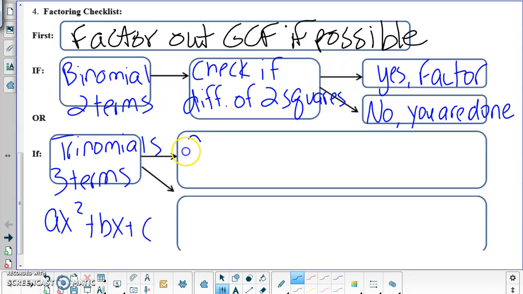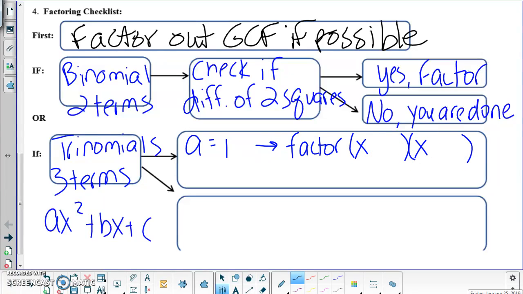Okay, if it's a trinomial and your a value is 1, you are going to factor it into parentheses times parentheses, but I know it's x times x. Then you're going to check the signs.